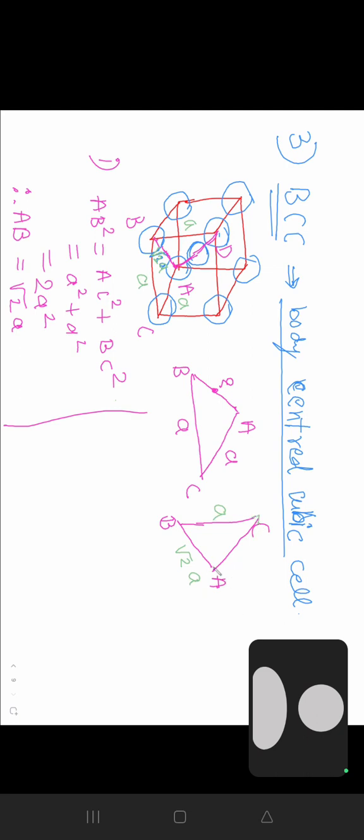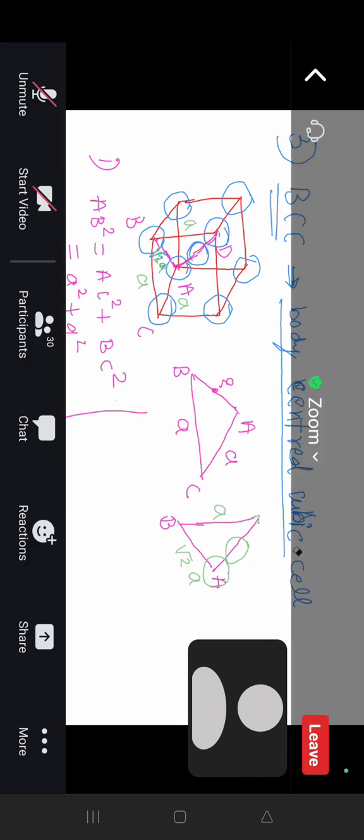Now see, what is the situation in AD? One atom is here, the middle atom. Yes, here it is AD, correct. Actually, the diagonal of a cube is a root 3.